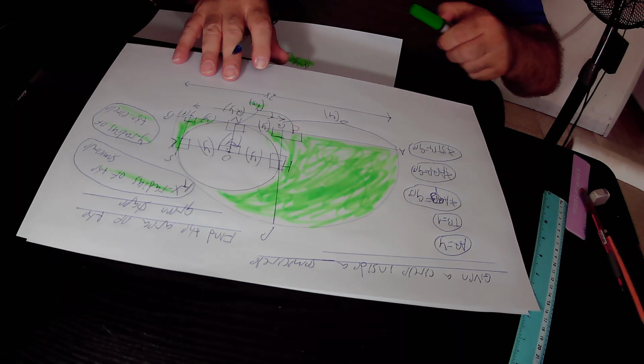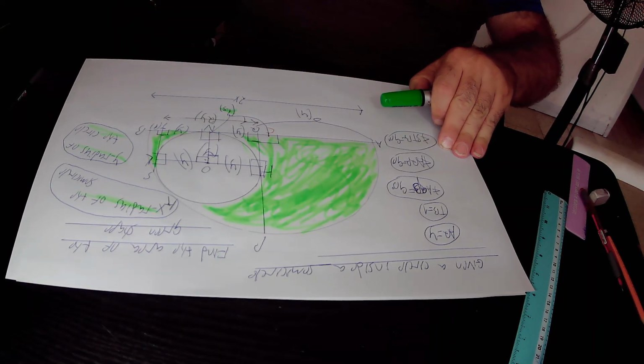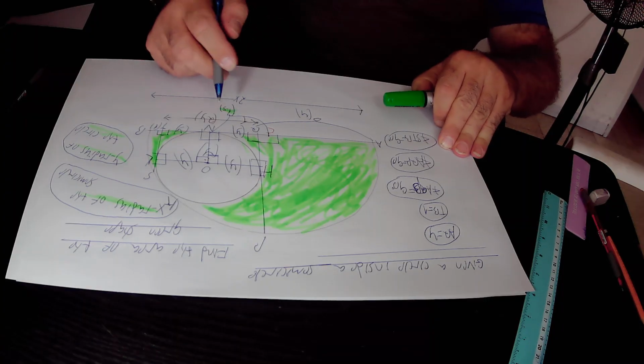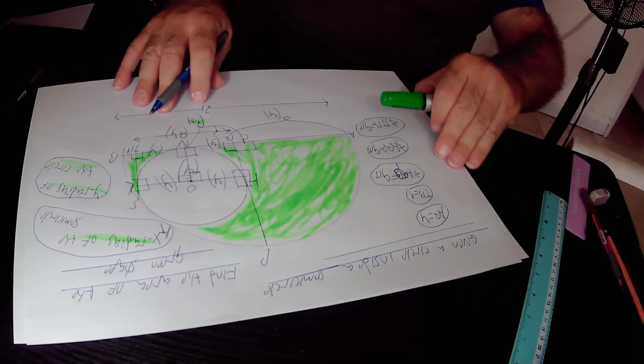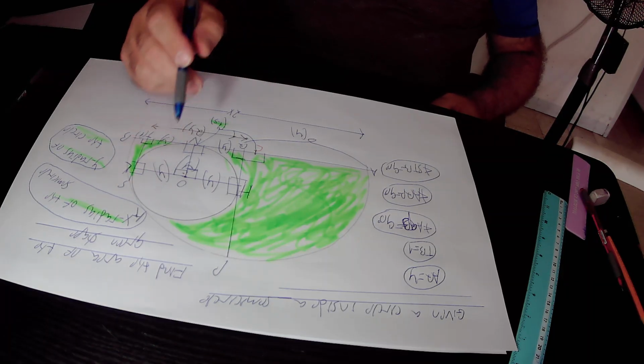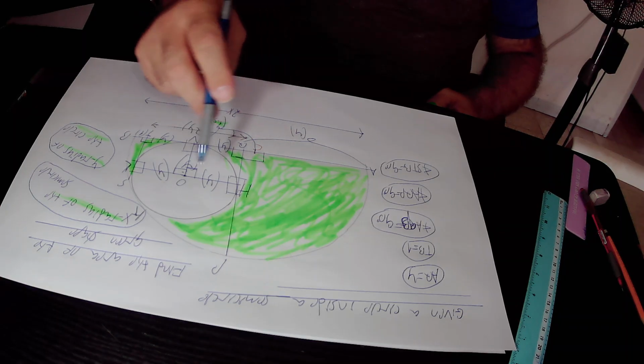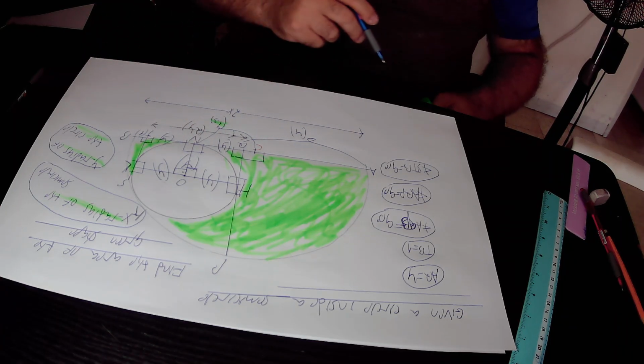In the drawing we have an internal notch between the small circle and the big semicircle. That is to say, they touch each other internally at this point K. Point K is the touching point between the small semicircle and the big semicircle.